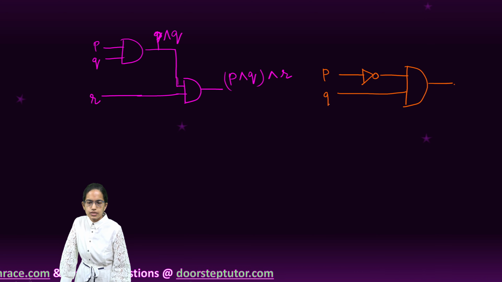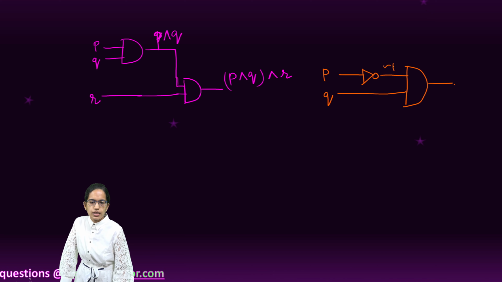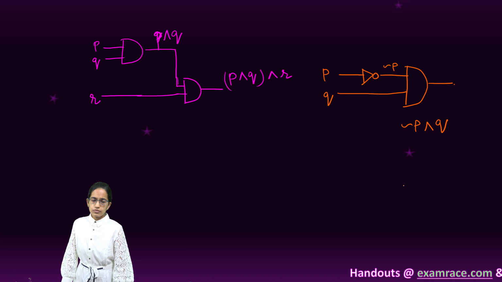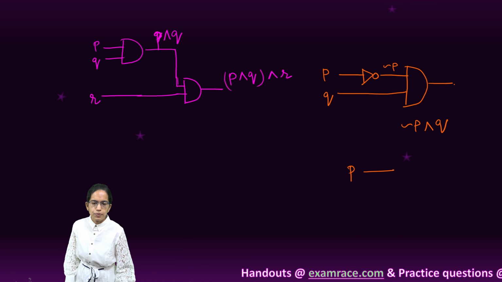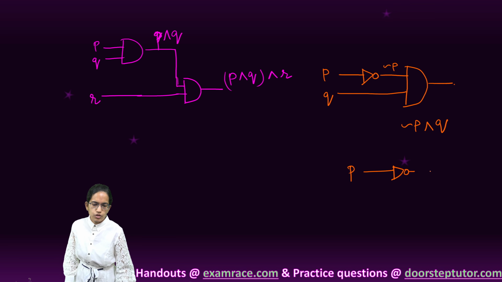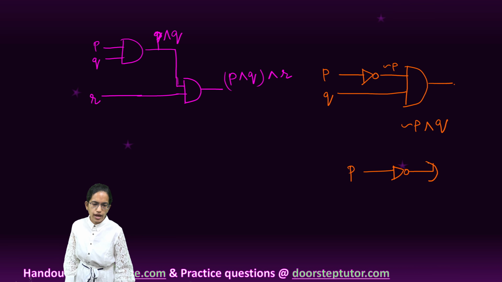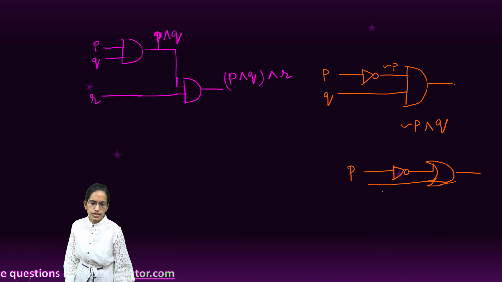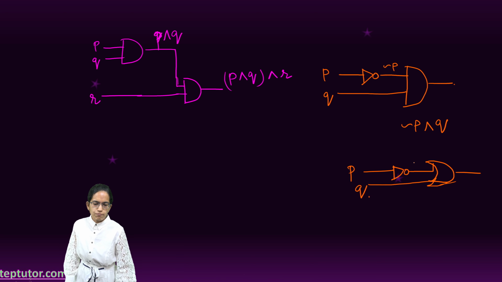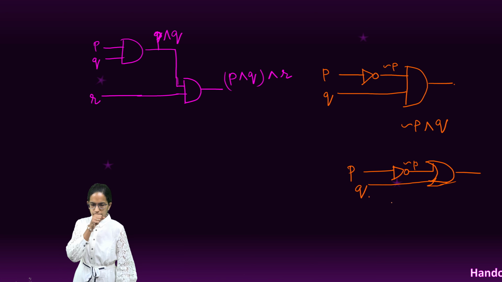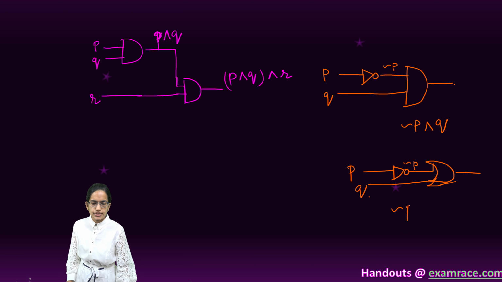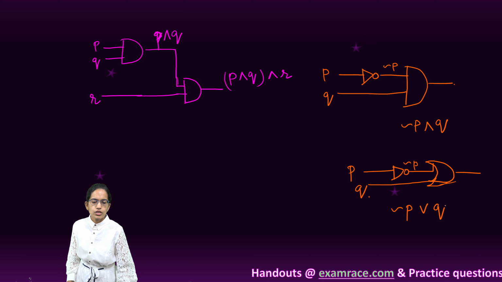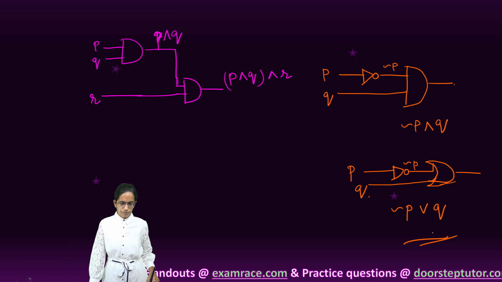This is P, this is Q. So this would be tilde P, and then the AND gate, so tilde P and Q. If I have P with NOT connected to it, and then I have an OR gate connected to this, how would I represent it? I would represent it as not P or Q. So this would be the representation here.